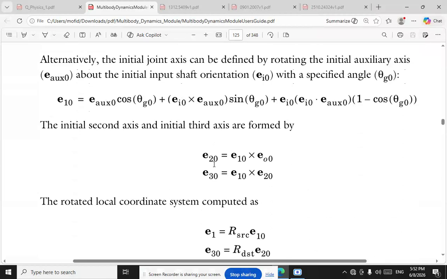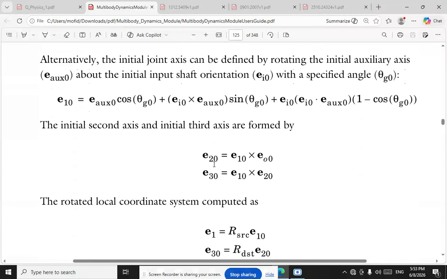Alternatively, the initial joint axis can be defined by rotating the initial auxiliary axis e_aux0 about the initial input shaft orientation e_I0, by a specified angle theta_G0. e_10 is equal to e_aux0 cosine theta_G0 plus e_I0 multiplied by e_aux0 sine theta_G0 plus e_I0 multiplied by e_I0 multiplied by e_aux0 multiplied by 1 minus cosine theta_G0.